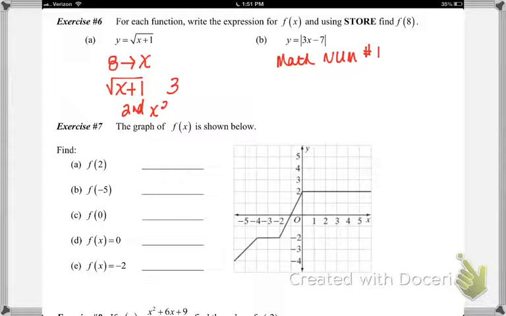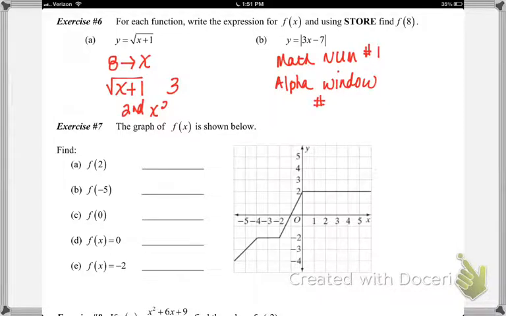Or you can press alpha, y equals, alpha window, and you pick choice 1.